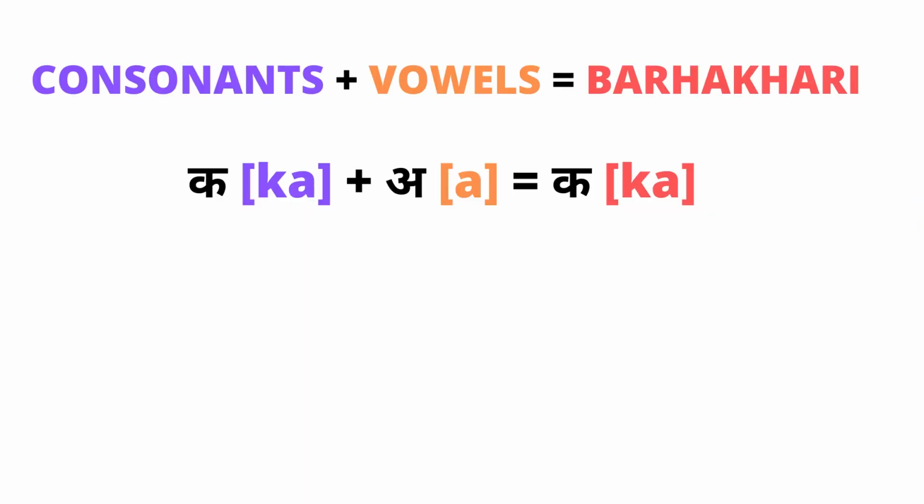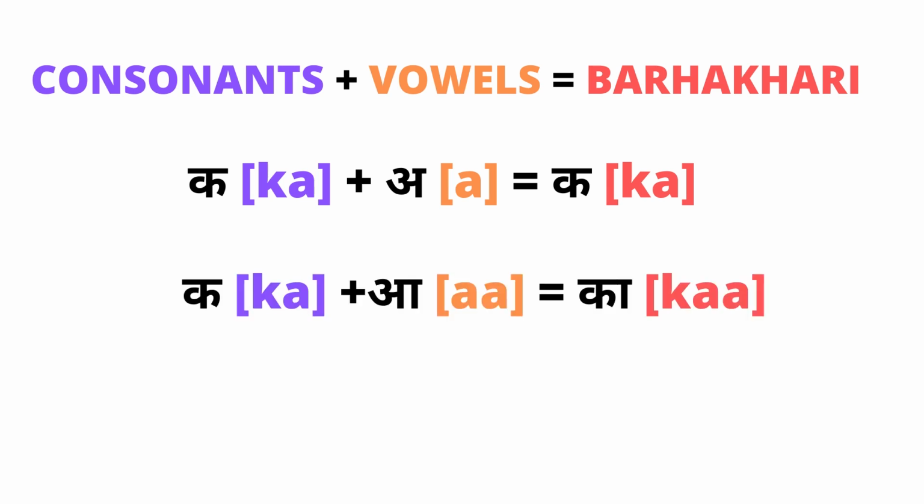Okay, now the first letter of the consonant list is ka. When ka is conjoined with the letter o, it will produce the sound ka. Each consonant letter when conjoined with the first vowel letter o, the sound remains the same.